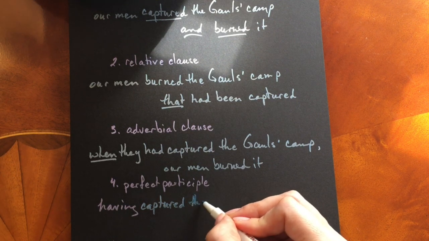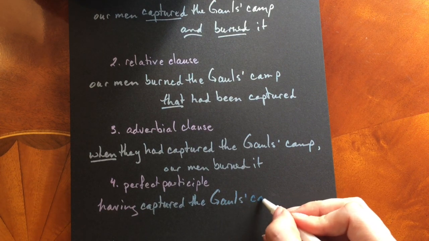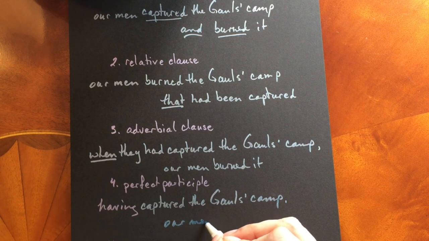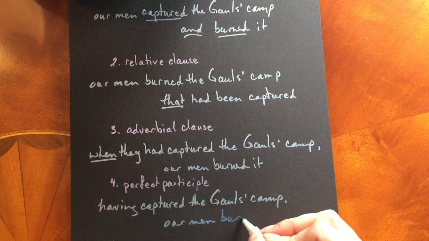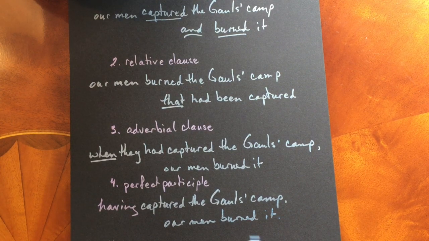Having captured the Gauls' camp, our men burned it. Having captured here is an English perfect participle describing our men, which men, the men having captured the Gauls' camp, the having captured the Gauls' camp men.